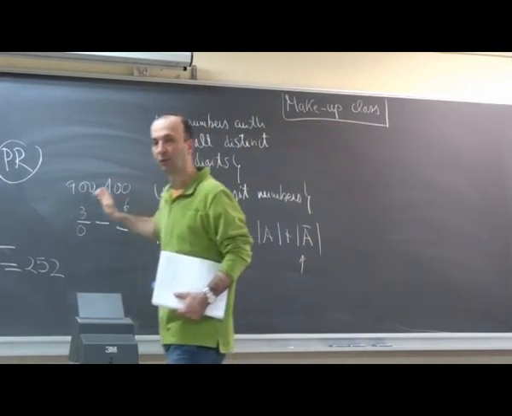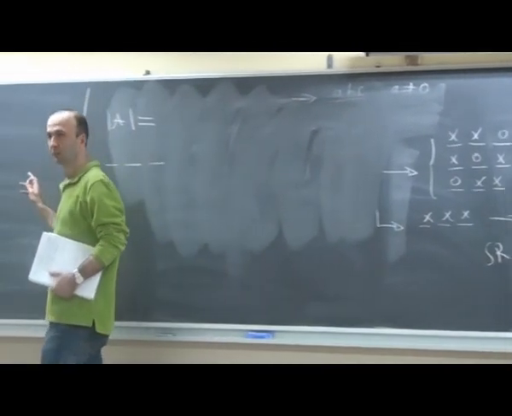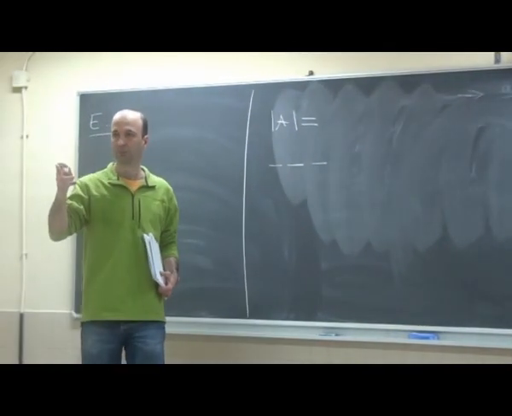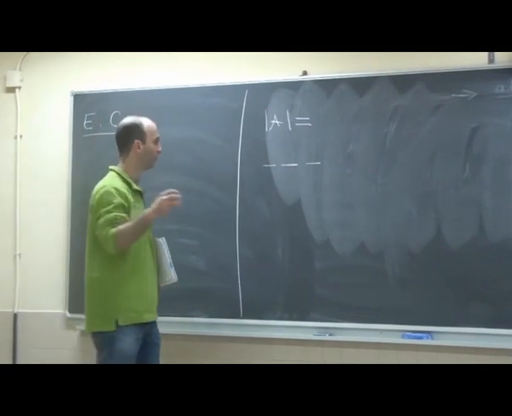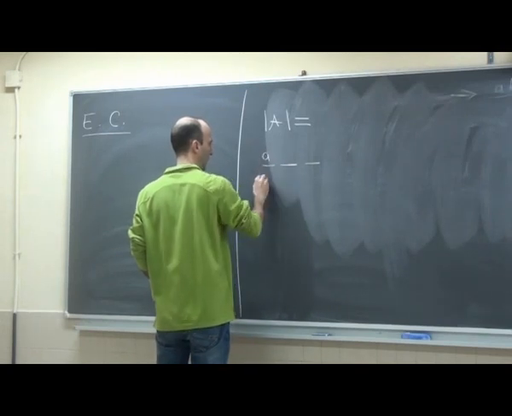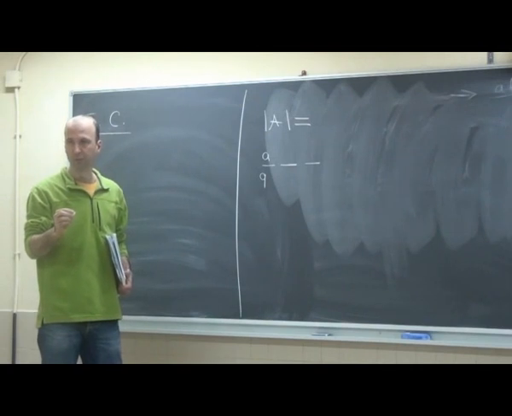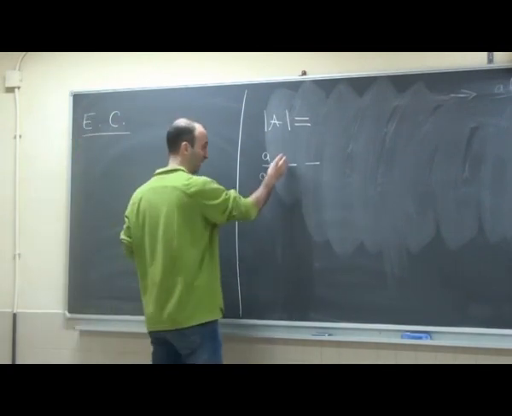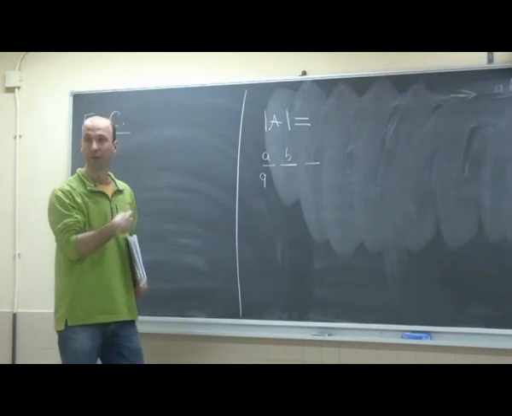How many possibilities for the first position? 9. I cannot use zero. So here I would say I have 9 possibilities. How many for position 2? 9. Because now I can use 0, but I cannot use the previous digit.